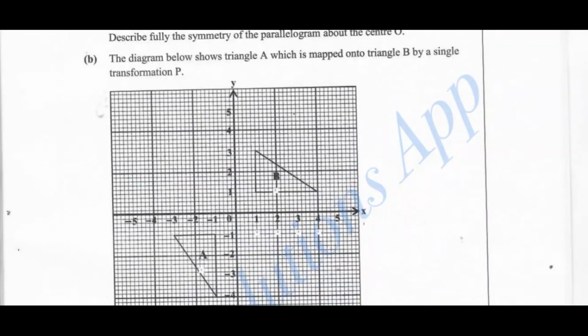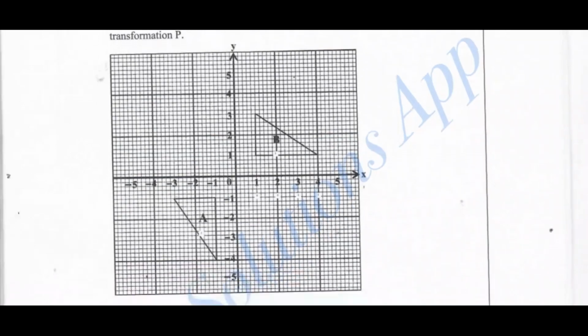Now let's look at question B. The diagram here shows triangle A, which is mapped onto triangle B by a single transformation P. Then let's look at what our question is.